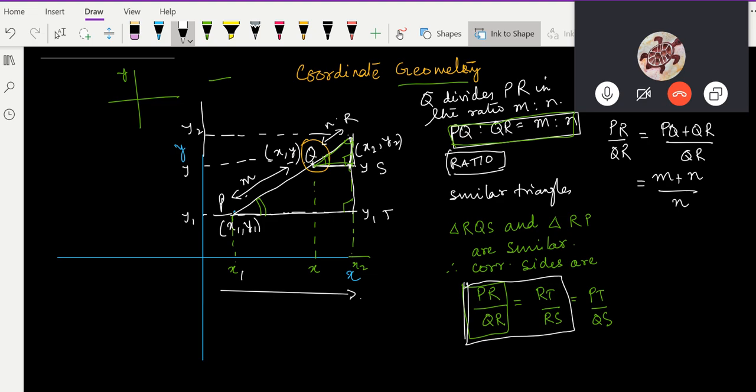So I have got PR over QR. Now what is RT over RS? When I'm dealing with RT and RS, I'm going to talk about the distances. RT is what?